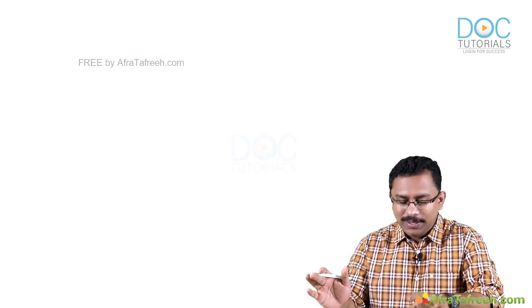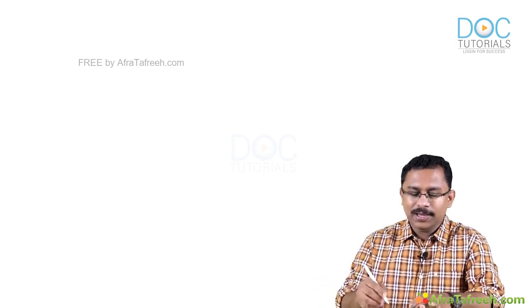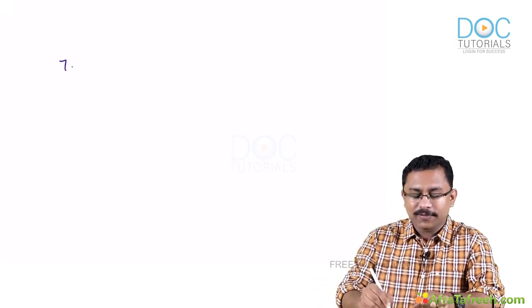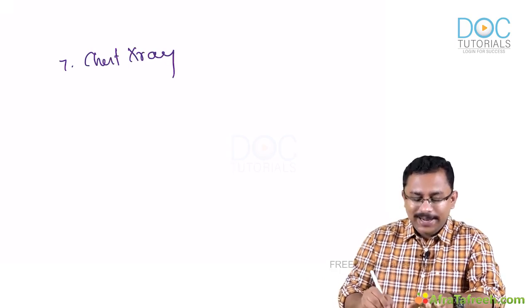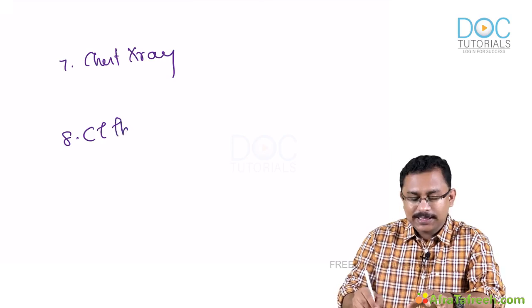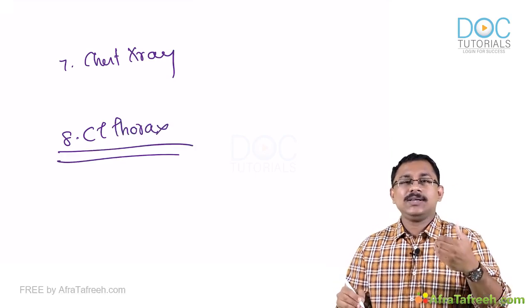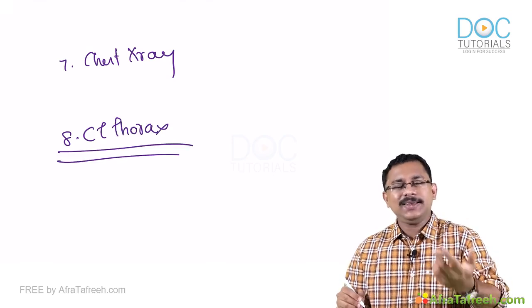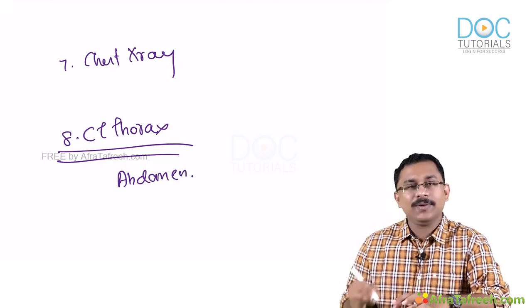Now, in addition to all these investigations, the sixth one, the tests for detecting latent tubercular infections, you can definitely go for a chest X-ray. You can definitely go for a CT thorax. But remember, CT thorax is just for pulmonary tuberculosis. If you are suspecting dissemination, it is always advised to go for a CT abdomen as well.